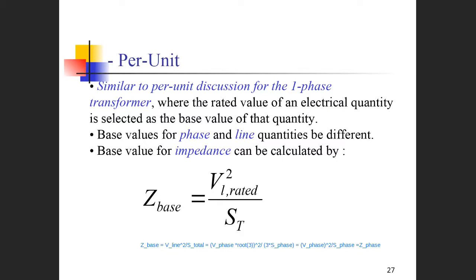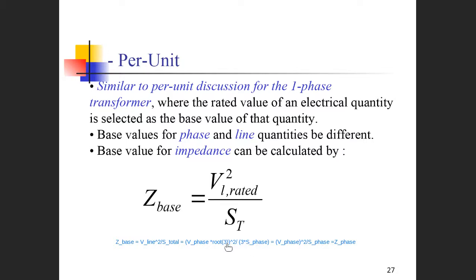Okay, so look at here. As what we write here, the base impedance is the line voltage squared over the total three-phase power. And suppose it is a star connection, then the line voltage is the phase voltage times √3, squared, over the single phase power times 3, that's the three-phase power.